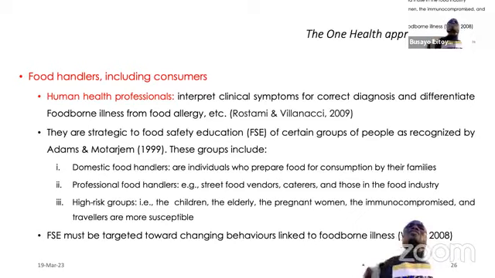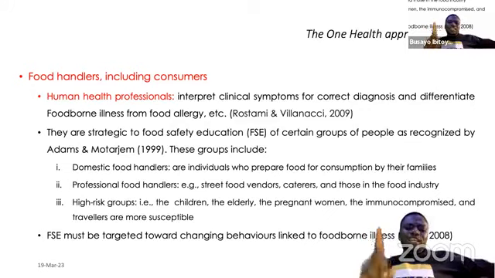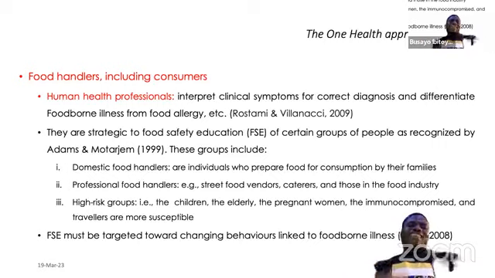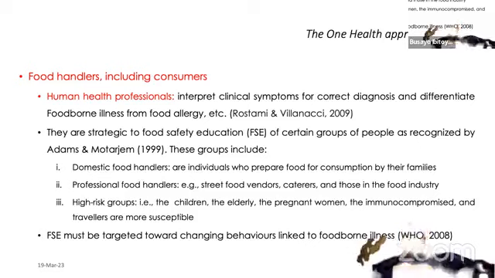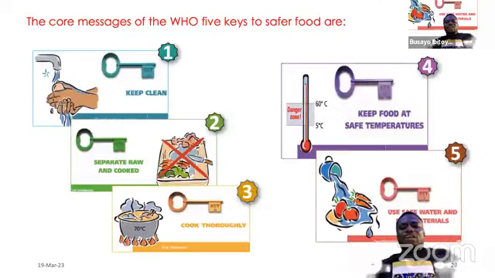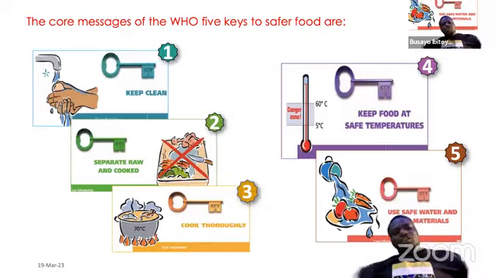For food safety education to be successful, it must be targeted towards behaviors that are linked with foodborne illnesses. So when we are giving food safety education, it should be targeted at those behaviors that people exhibit that can affect the food safety of the community.